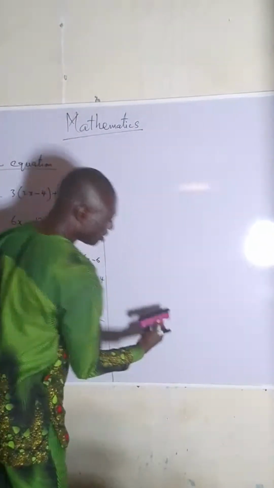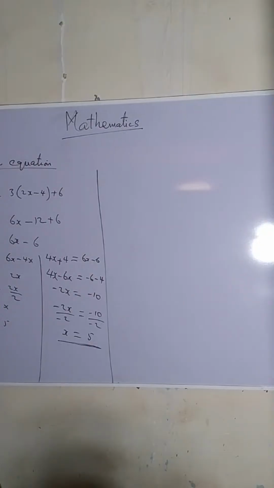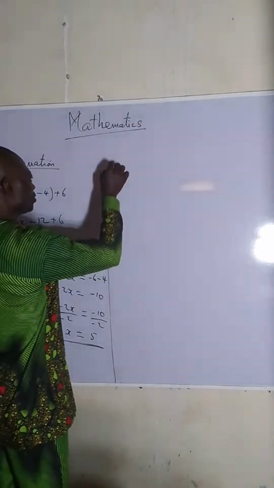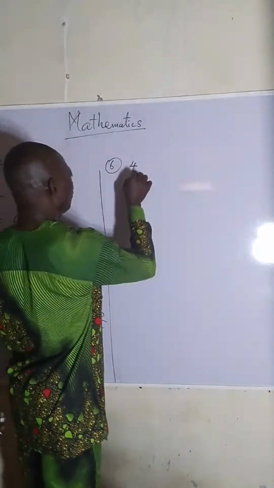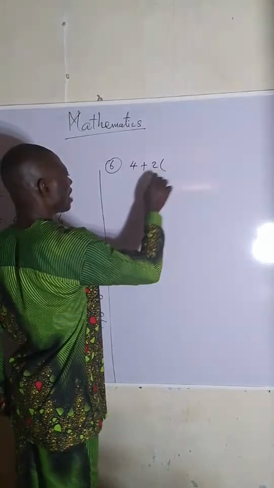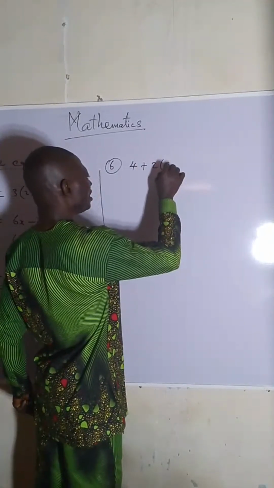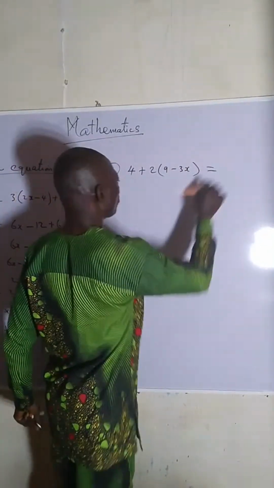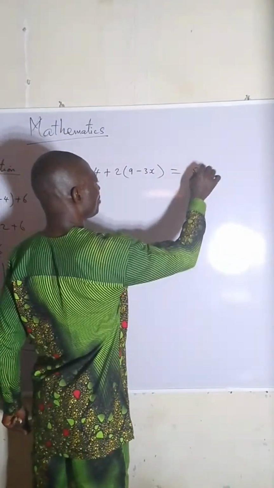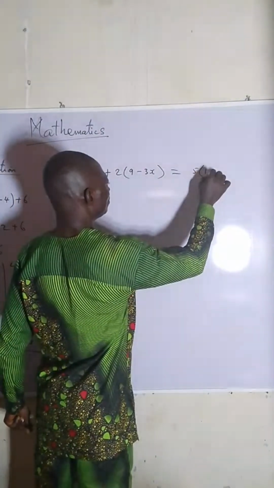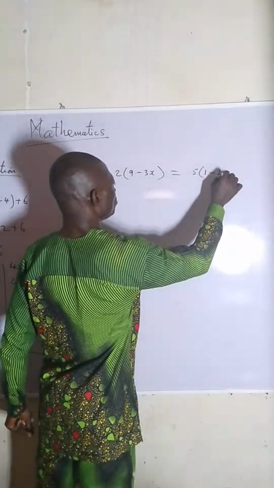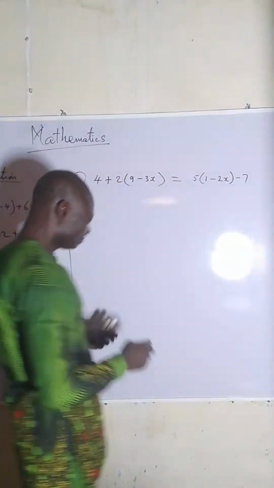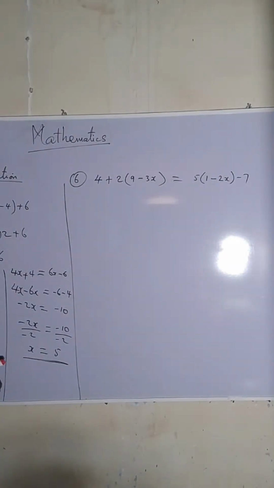If they are still on with us, I would like everyone, no matter from any country where you are, to please solve question number 6, where you have 4 plus 2 bracket 9 minus 3x bracket is equal to 5 bracket 1 minus 2x minus 7. Let's solve something like this and give us the correct answer.